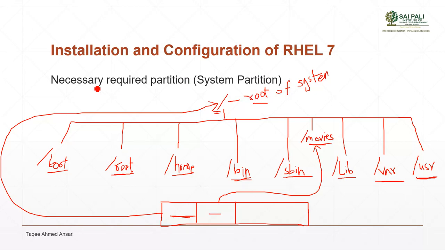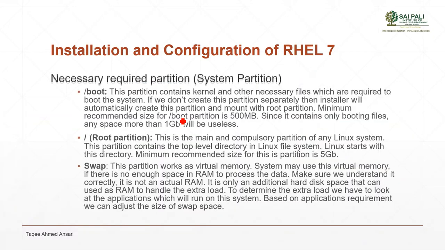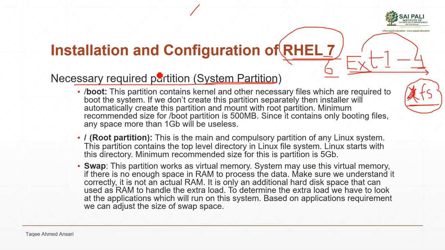Now, what are the necessary required partitions? That is what these are. The first partition which is necessary for your system is what? Boot. I am saying slash boot. Boot means it is for the boot directory.